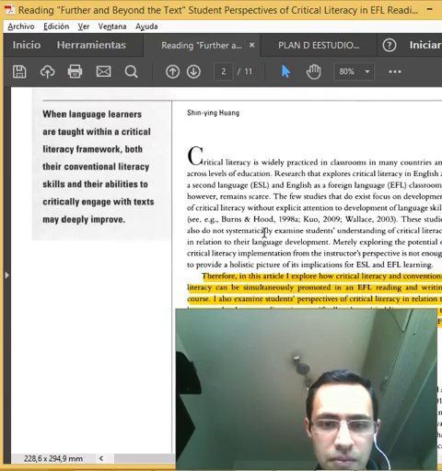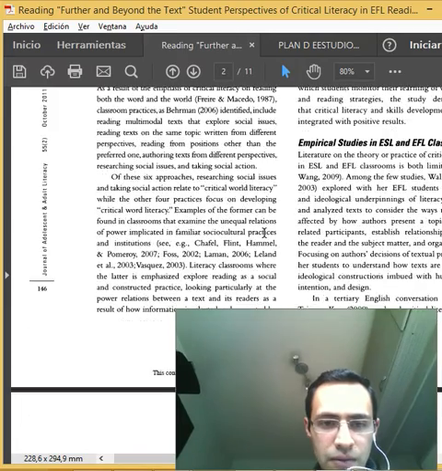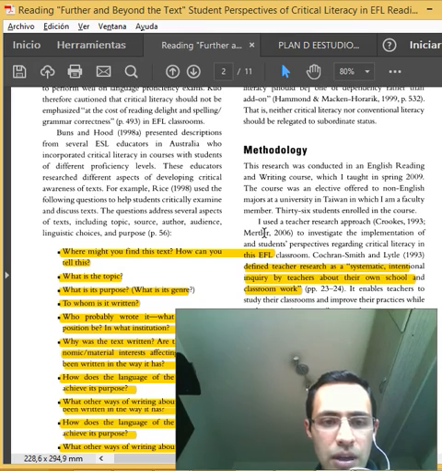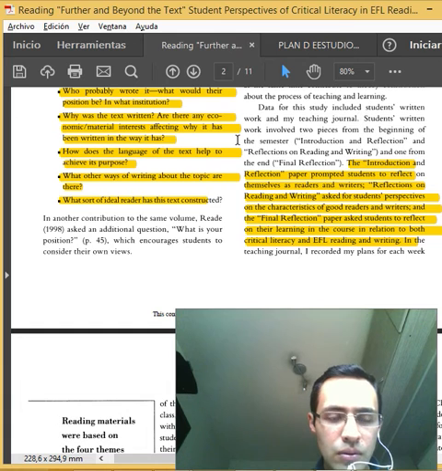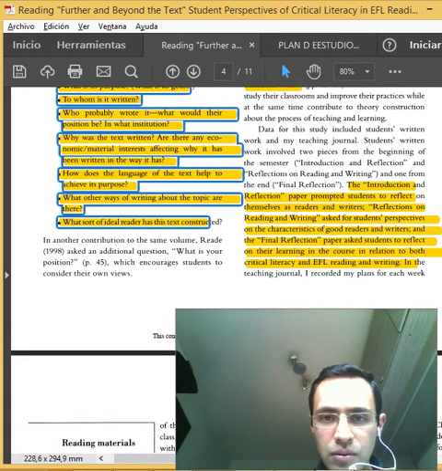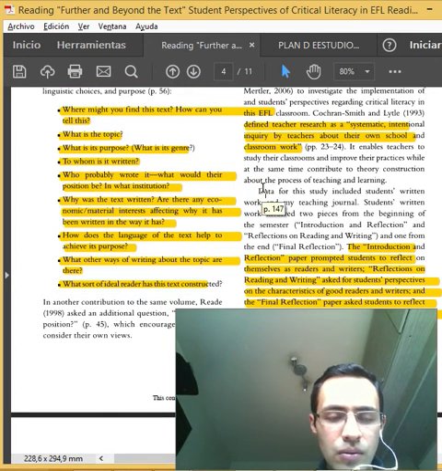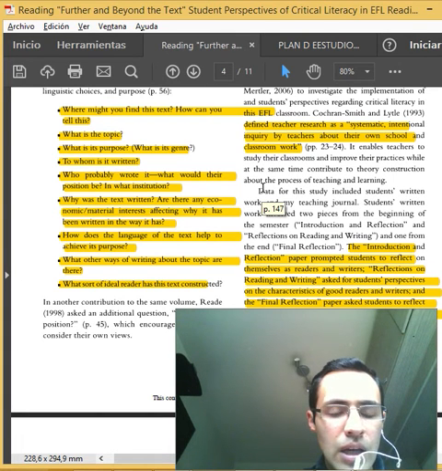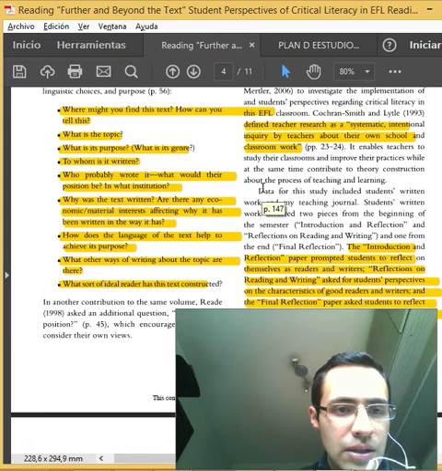So I want to check some important things in this article that for me are the questions that the teacher uses with their students. It goes deeper from the article, and we can find some questions like this: where might you find this text? How can you tell?